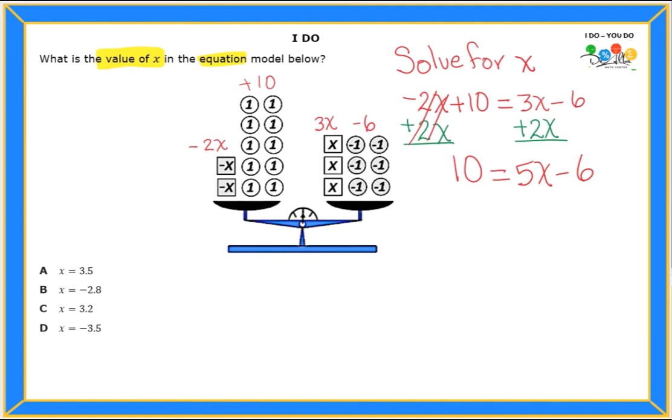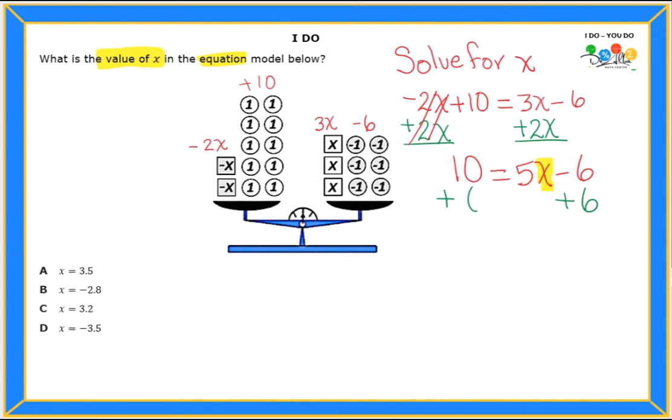That's good because now I can see that x is on one side only, and that's what I was hoping to do. What I need to do next is get rid of the 5 and the negative 6. First, we need to get rid of the minus 6. The opposite of a minus 6 is a plus 6.